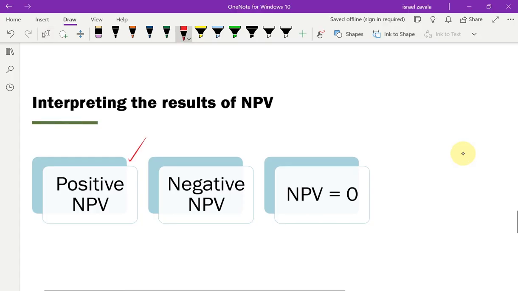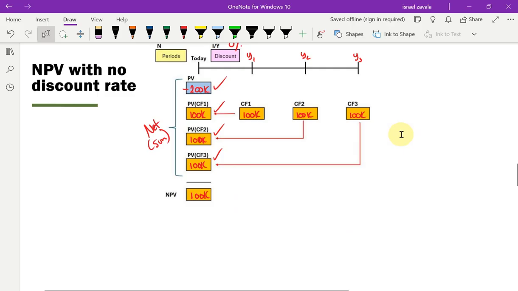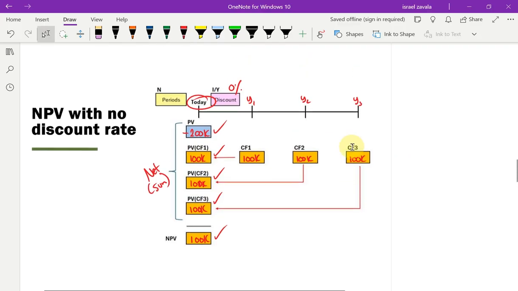If we have a positive NPV, it means that when we compare all of the cash flows in today's dollar amounts, the impact to our business, let's say, is going to be a positive dollar amount. So let's say that you own a company and you want to take on this project. It's going to cost you a $200,000 investment, and you're promised these $100,000 cash flows in the future.